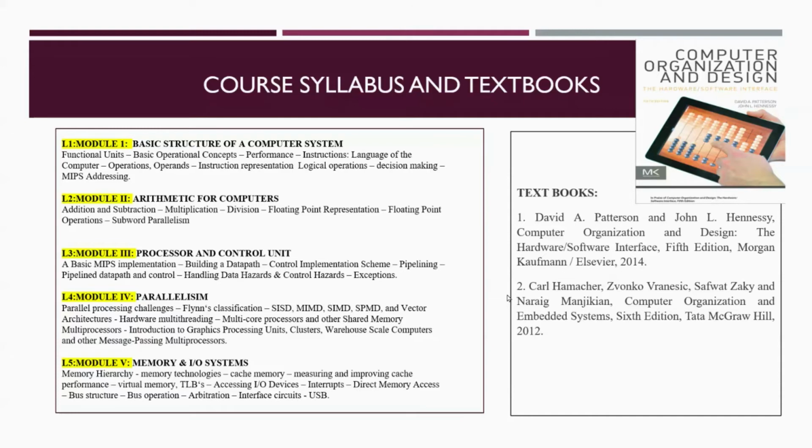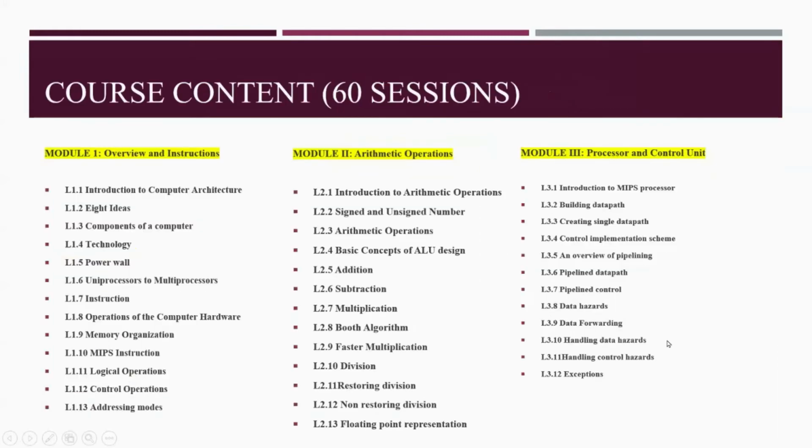So this is the basic structure of how the 60 sessions are organized, and under each module we'll have a set of sessions, shown in the next slide. Under module 1, we can see the overview and instructions, and it has 13 sessions. Under module 2, we'll have 13 sessions. Under module 3, we'll have 12 sessions.